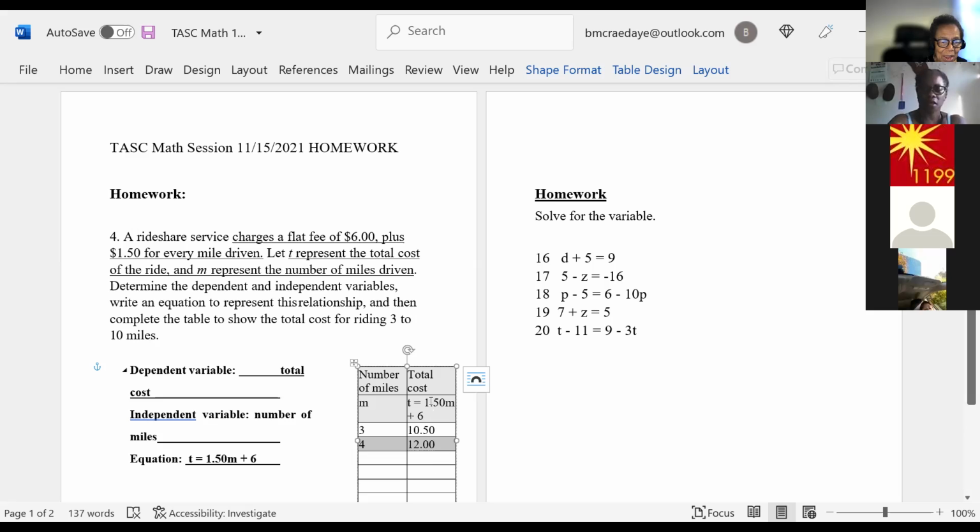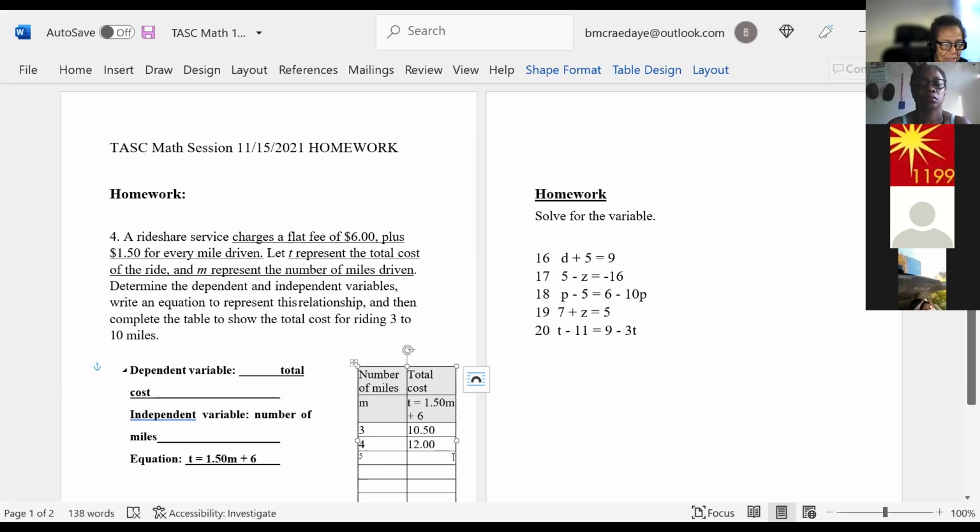So you could just add 1.50 each time. You don't have to do the multiplying every time, because the only thing changing is the number of miles, which is 1.50 per mile. So every time you go an additional mile, you have an additional 1.50. So then you know that 5 will be what, Maureen?